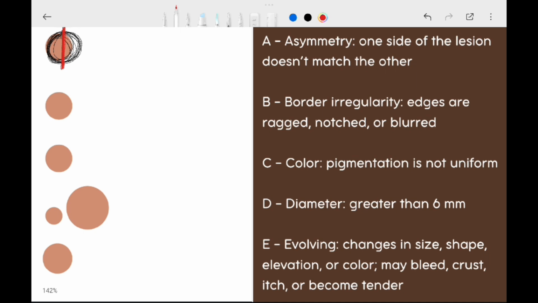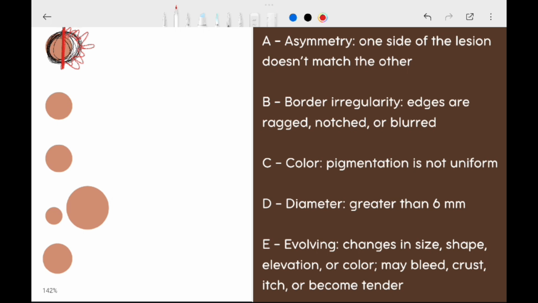However, if the sides don't match, for example, one side is shaped differently, meaning it is not symmetrical with the other side, that could be a sign of a problem.